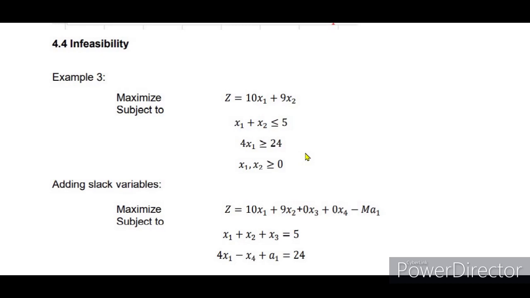And you also notice that we add a sub 1, which is the artificial variable to offset the negative slack variable. So whenever we have a negative slack variable, we have to use an artificial variable to offset the negativity of the slack variable.